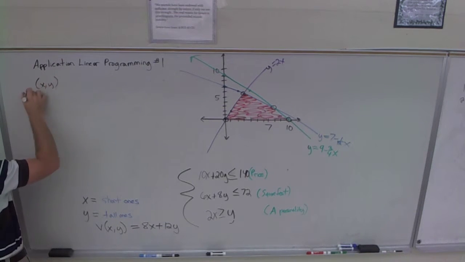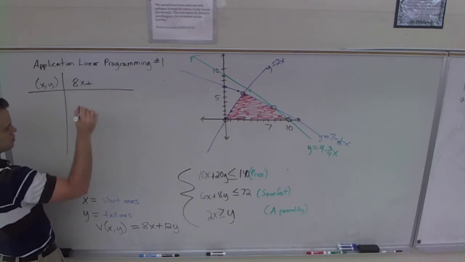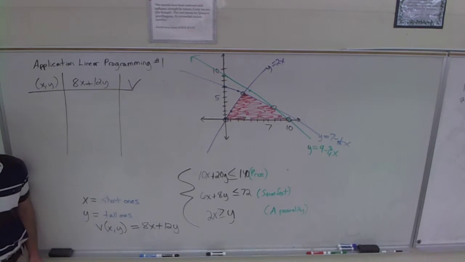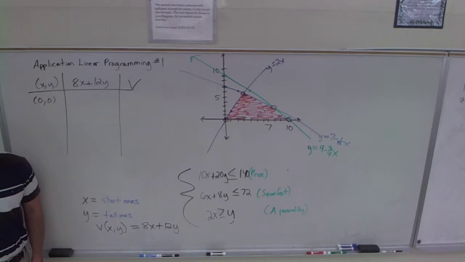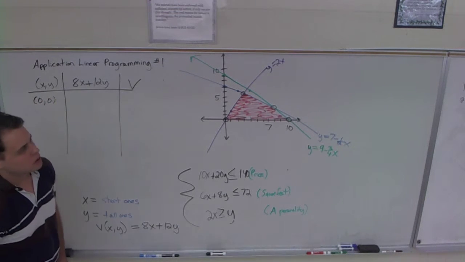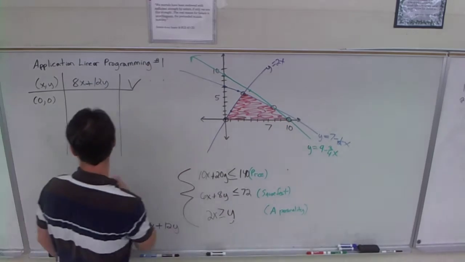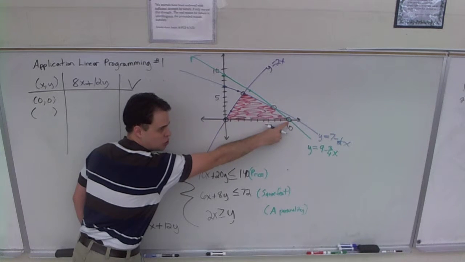X, Y. We're going to be plugging into our function, which is 8x plus 12y, in order to get our volumes. First point's super easy, it's the origin, right? Those other points, you can find them however you want. This green guy is the x-intercept, so I know one of the coordinates for this is what? 0.